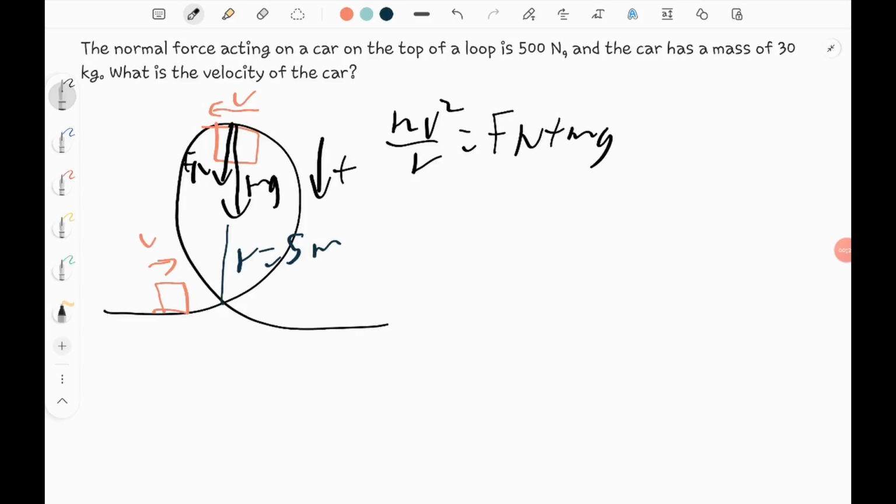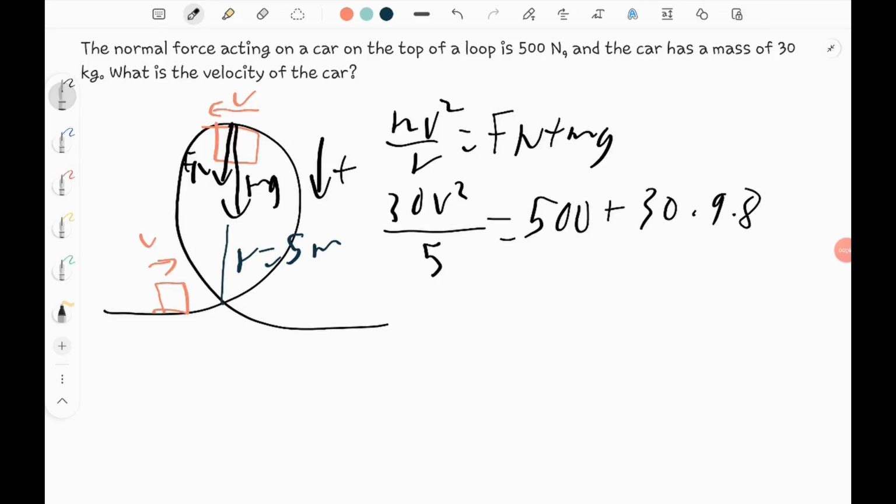Now this equation would be really ugly to solve for v, so the best thing to do here would just be to plug in the numbers. So m is 30 kilograms times v squared, which is the unknown, over the radius of 5 meters, and that's equal to the normal force, which we said was 500 newtons, plus mg, which is 30 times 9.8.